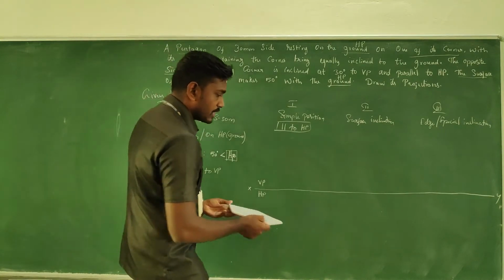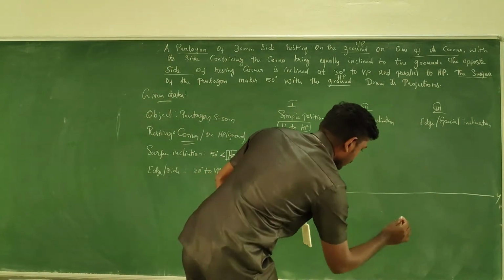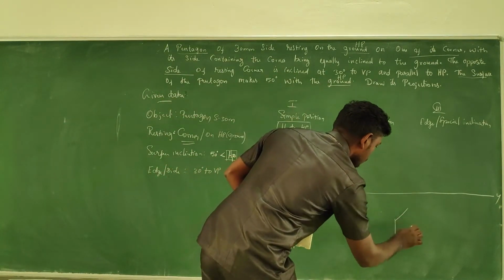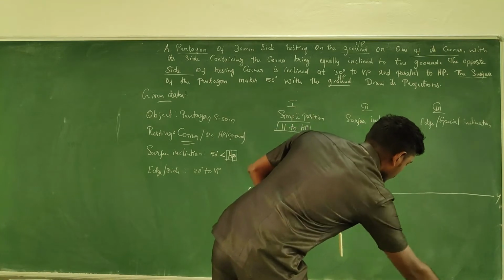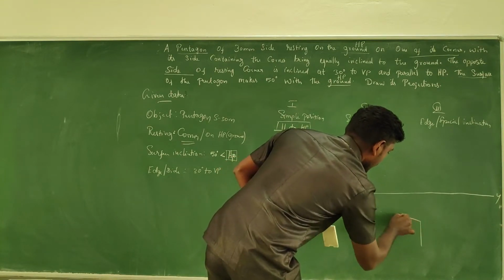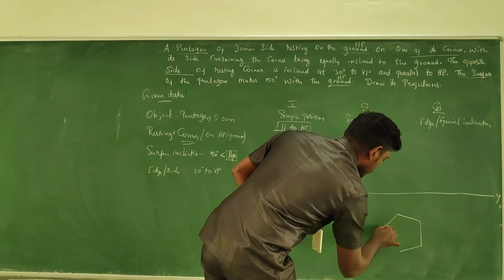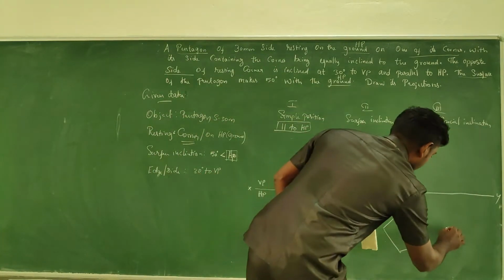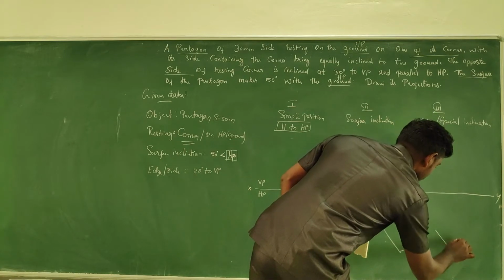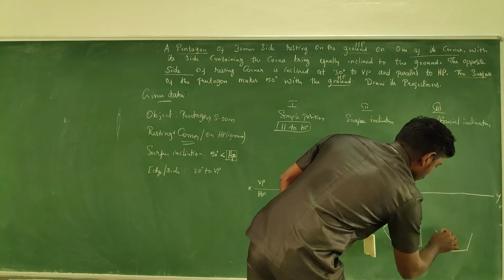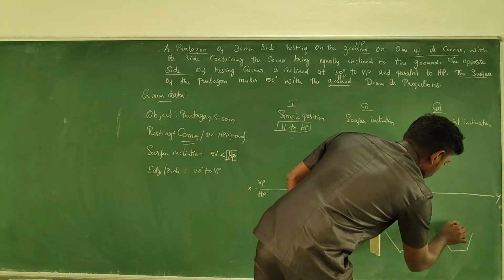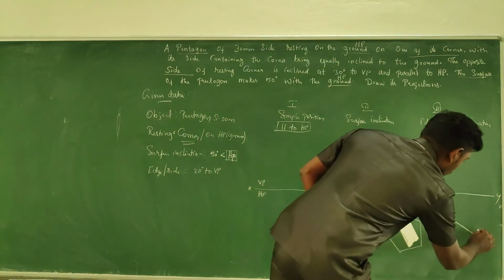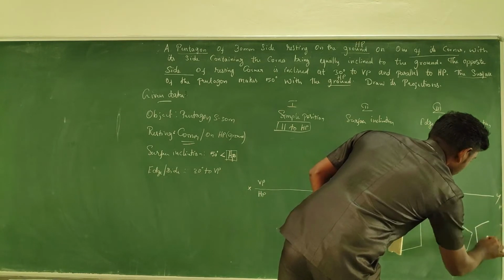As far as the diagram is concerned, when you are presenting on the paper, I can keep my pentagon like this. And I can also keep the object in this manner. Also I can keep the object like this too.